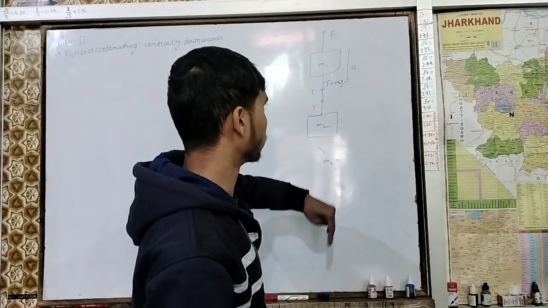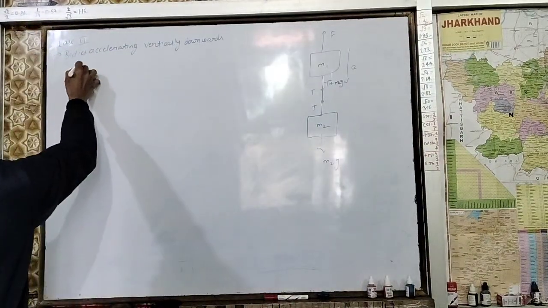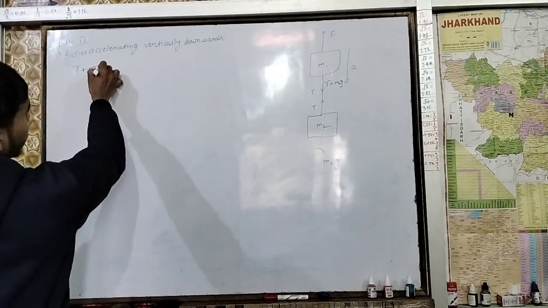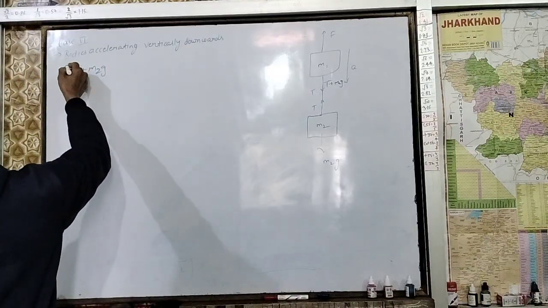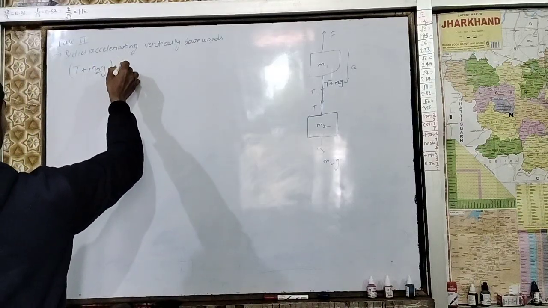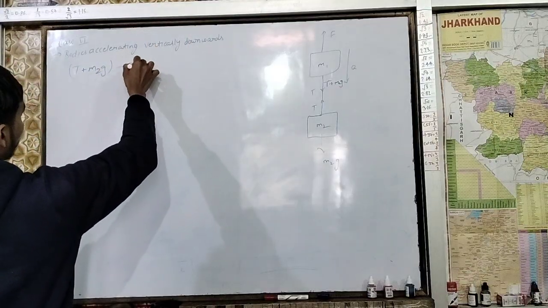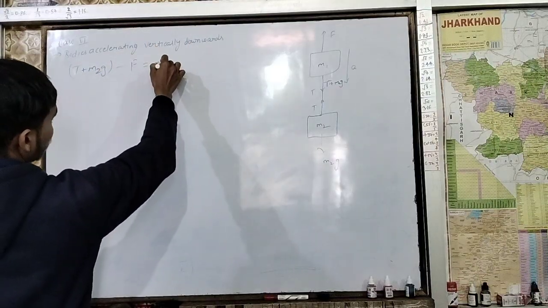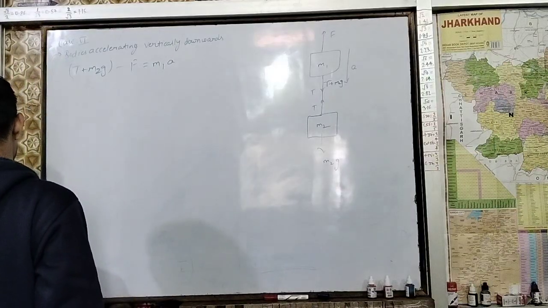But this is going downward. So first will be our T plus m2z downward. So T plus m2z, am I correct? Yeah. Which is equal to minus F, m1 into a. Okay, into a.